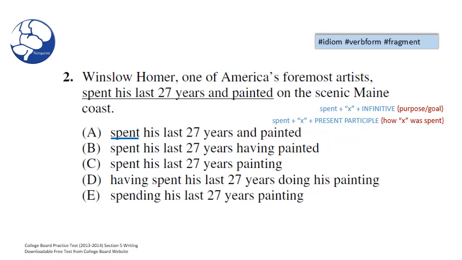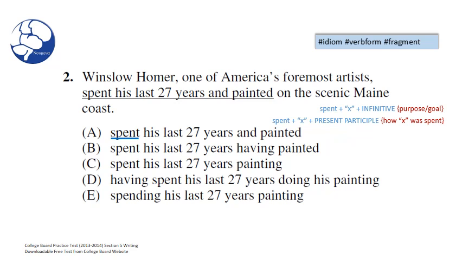If you look to the right, we can write spent plus X plus an infinitive, which would give a purpose or goal. Or we can use spent plus X plus a present participle, and this will tell us how X was spent. So we're looking for one of these two constructions to complete this idiom, this idea.